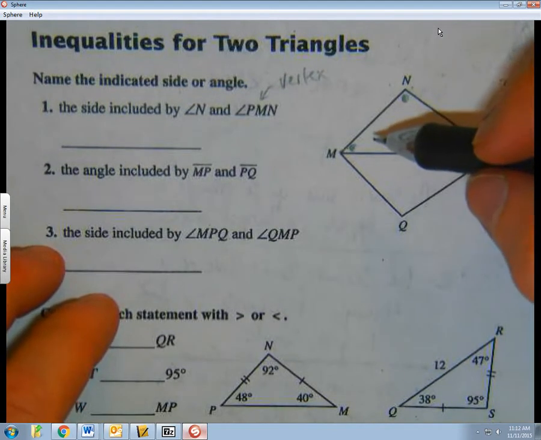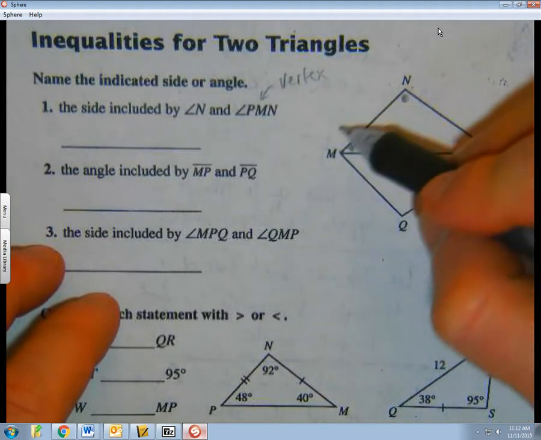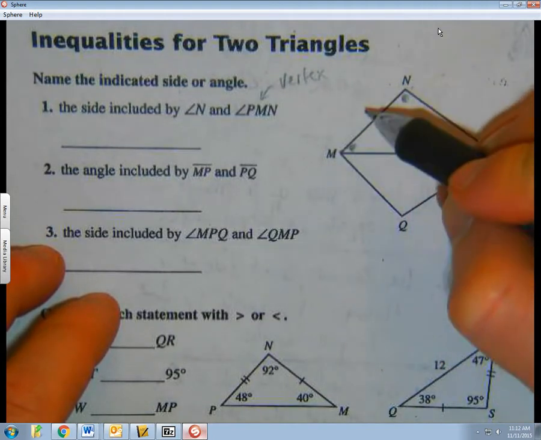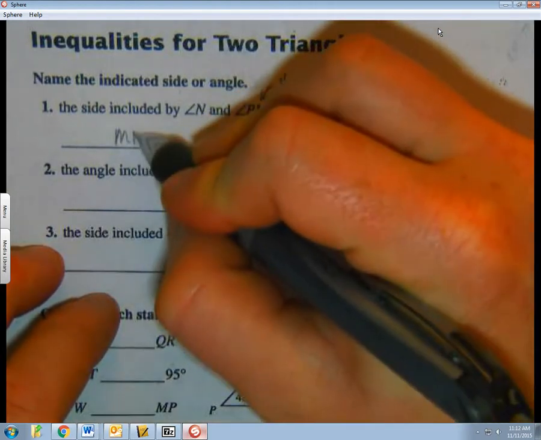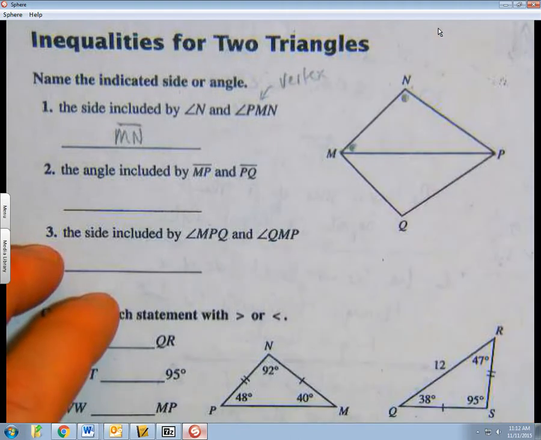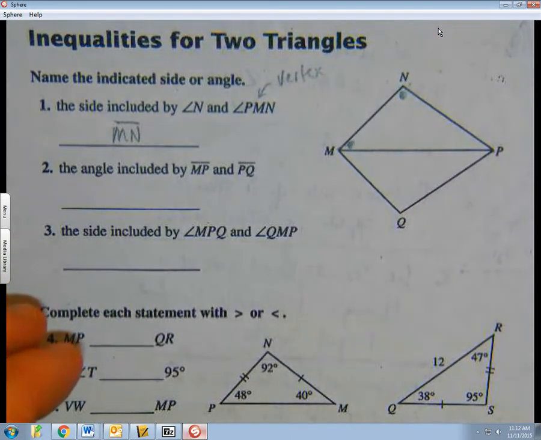So what side is included in those? Well, obviously it's this side right here. That's in between those two angles. So I would say it is MN, and it is a segment. Okay.